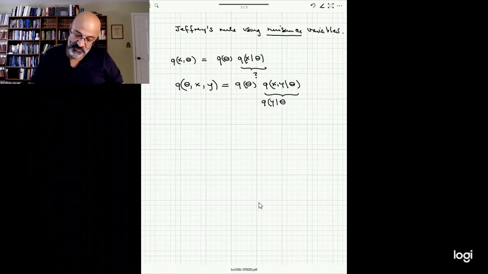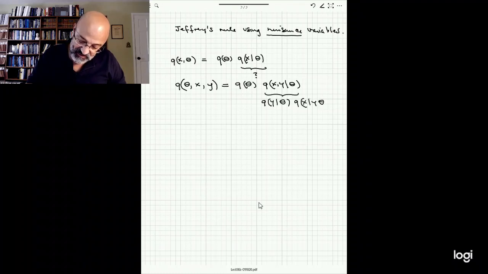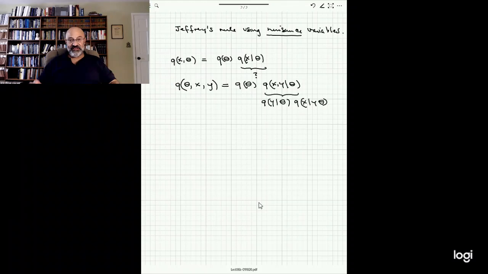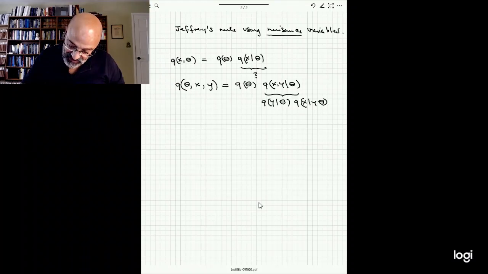I can just use the product rule again, right? q(y | theta), and then q(x | y, theta). This is, so far, exact. But let us assume that once I give you y, x is actually independent of theta.